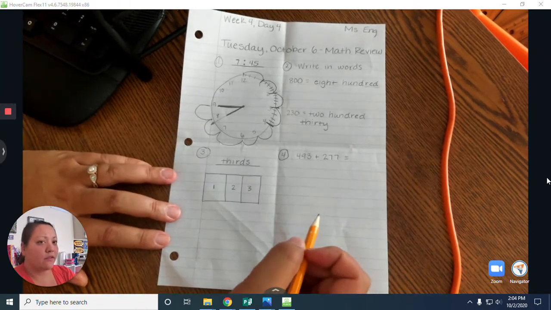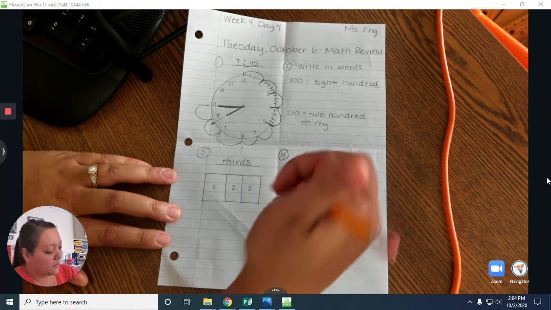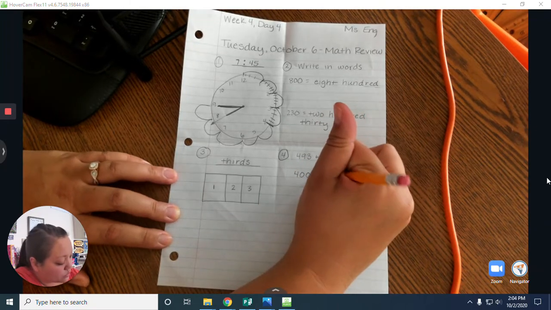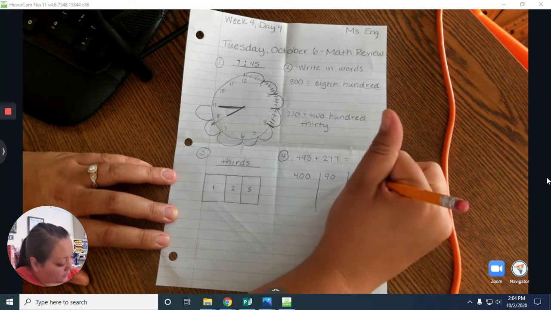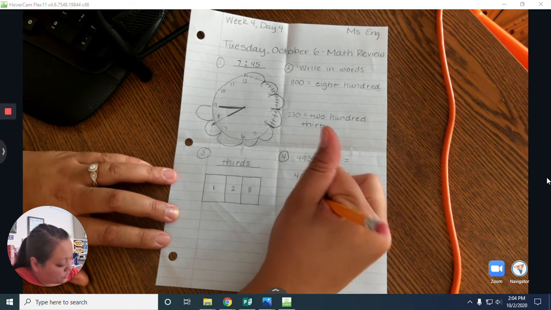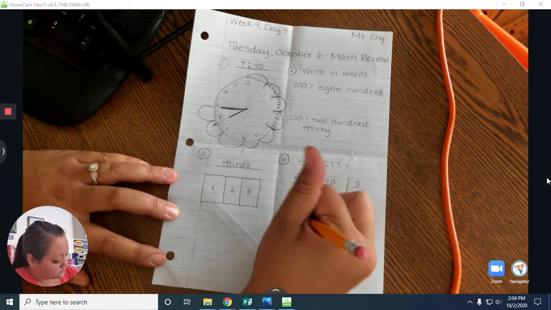And then finally, 493 plus 277. I'm going to do the break apart method, so I know that 493 is really 490 and then 3. I know that 277 is 270 and 7.